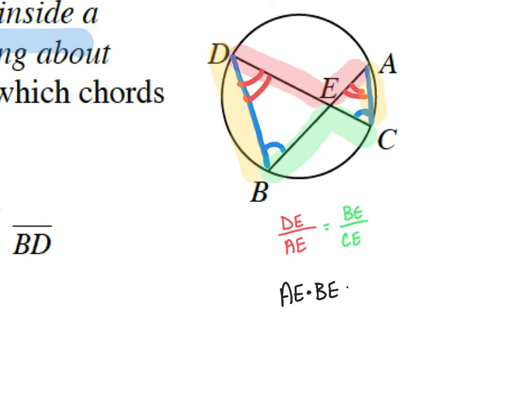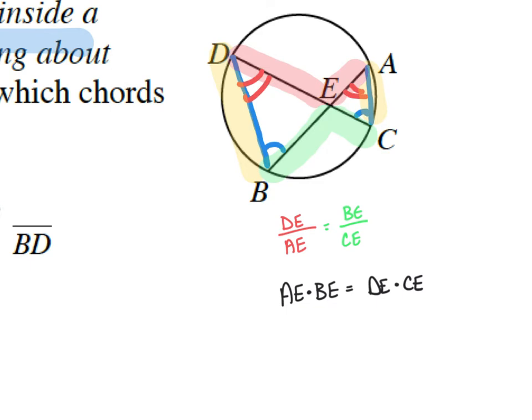AE times BE would be equal to DE times CE. And if I look where these segments are in my shape here, I see that AE times BE, those are the two parts of that chord. So their product is equal to the product of the other parts of the other chord.